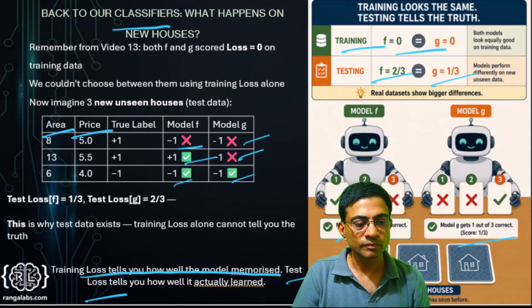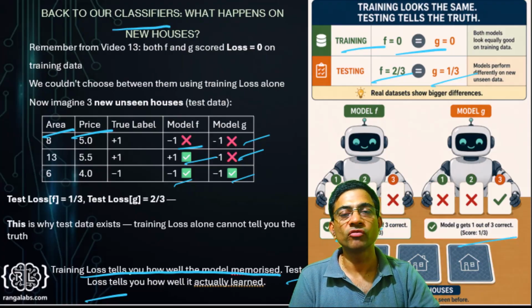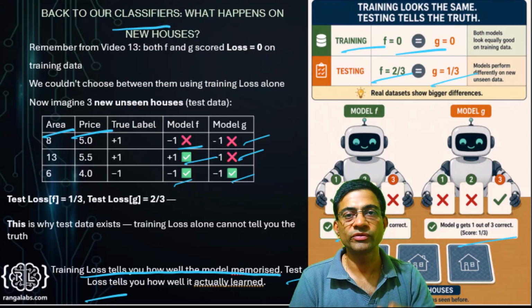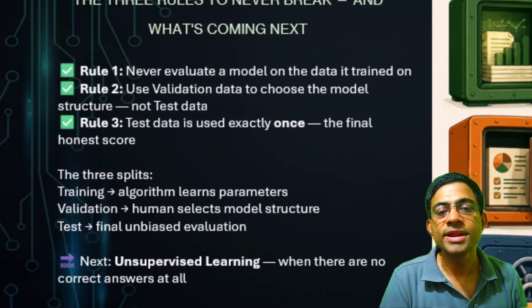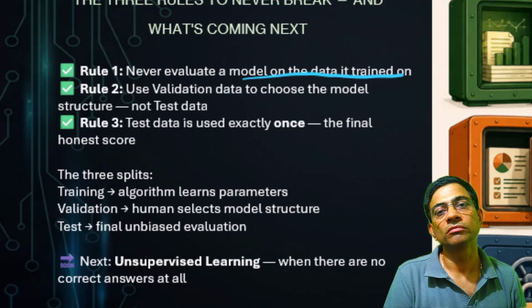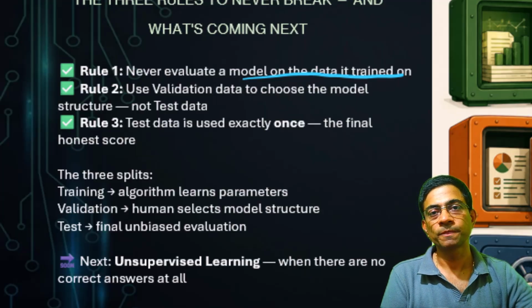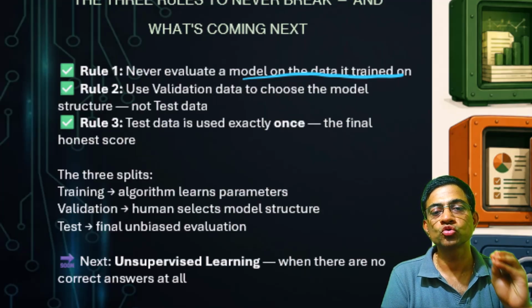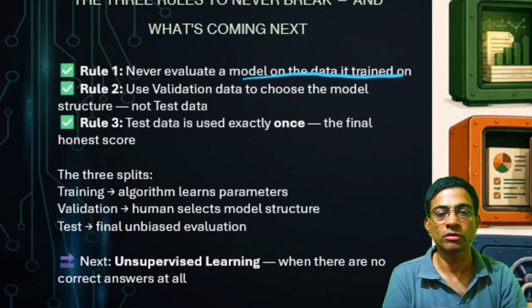Next, we will summarize the video and see what we are going to do in the next video. To summarize what we have seen in this video, never evaluate a model on the data it trained on. This seems very simple and clear: you are not supposed to evaluate the performance of a model based on the data which it trained on.